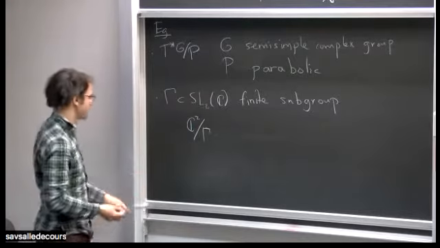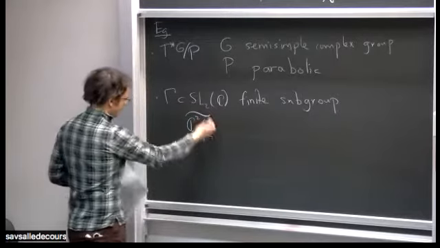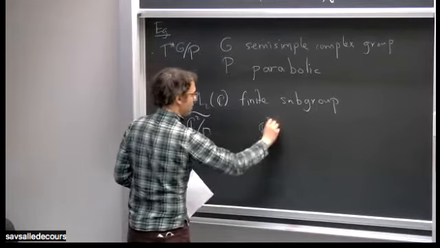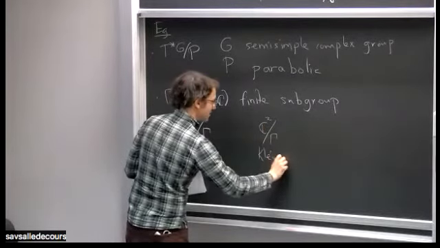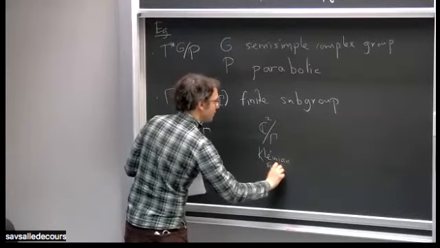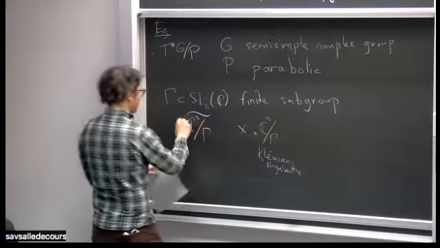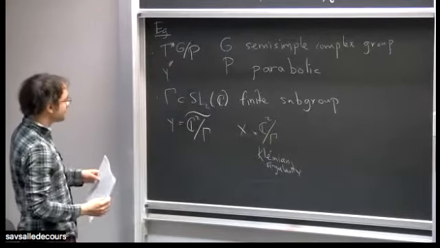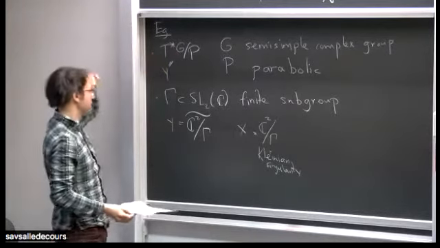This thing will be Poisson, and it has a sort of unique resolution. C2 mod gamma is called a Kleinian singularity, and this guy is called the resolution of the Kleinian singularity. So this is my X, this is my Y. In this example, this was my Y, and X would be some family of nilpotent elements of the Lie algebra.